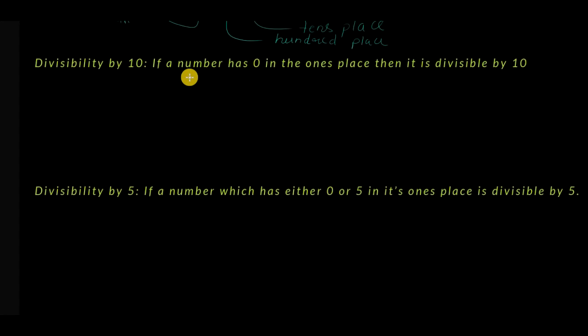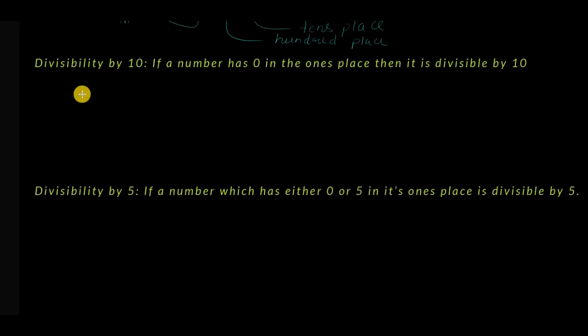So if I ask how do you check whether a number is divisible by 10 or not? Don't look at the definition, pause for a minute and think. It's very simple. You all know it, right?